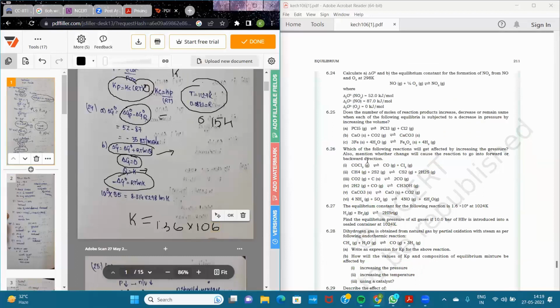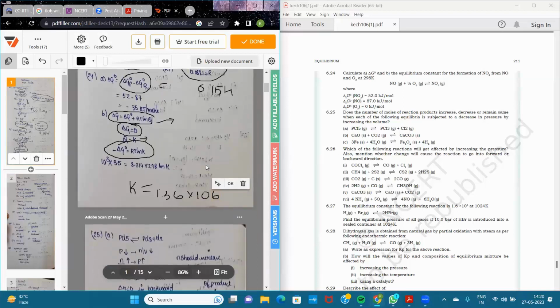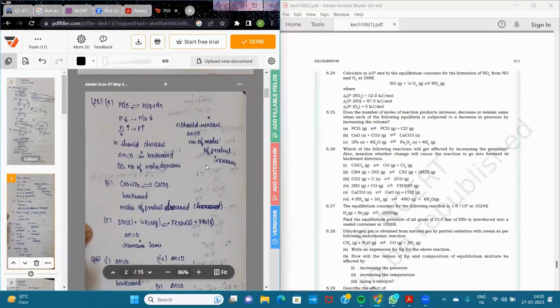Does the number of moles of reaction products increase, decrease, or remain the same when each of the following equilibria is subjected to a decrease in pressure by increasing the volume? If we increase the pressure, volume decreases, so number of moles per unit volume increases.